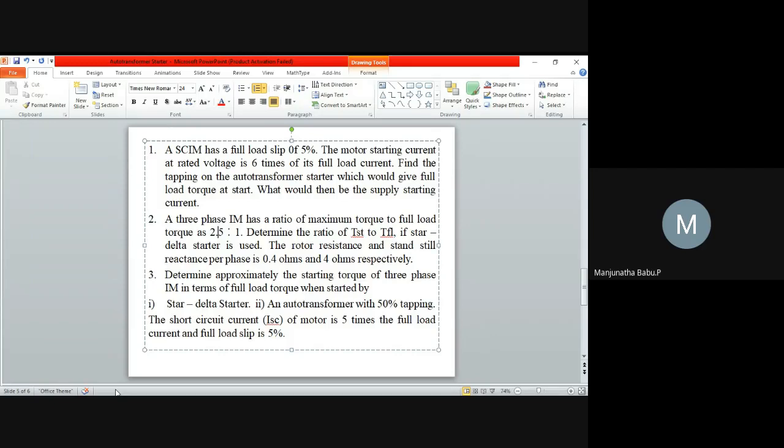for the star delta starter. Similarly for the auto transformer starter, X is equal to 0.5, so X square will be equal to 0.25. That gives 31.25% of full load torque.